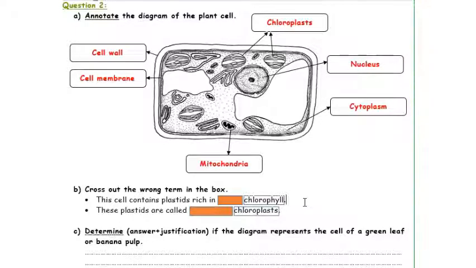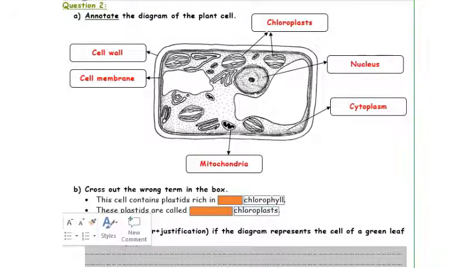So, what do you think? Is this the cell of a green leaf or a banana pulp? A green leaf for sure, since it's green.